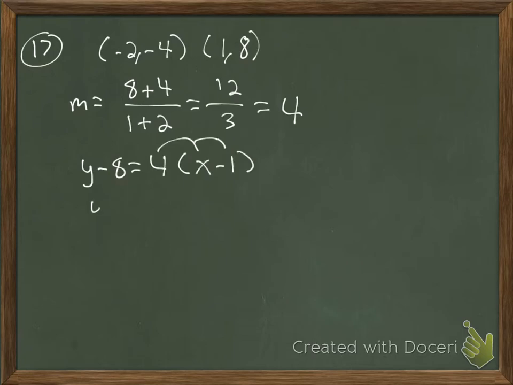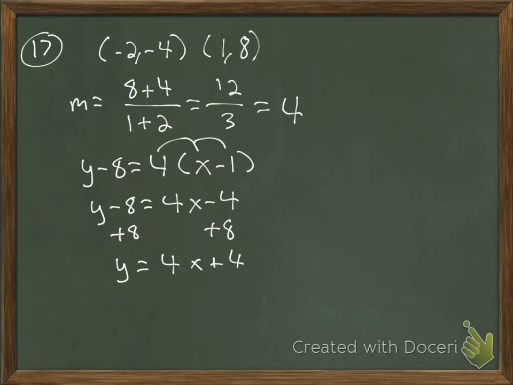Distribute the 4. Y minus 8 equals 4x minus 4. Add 8. Y equals 4x plus 4. We got our slope-intercept form.